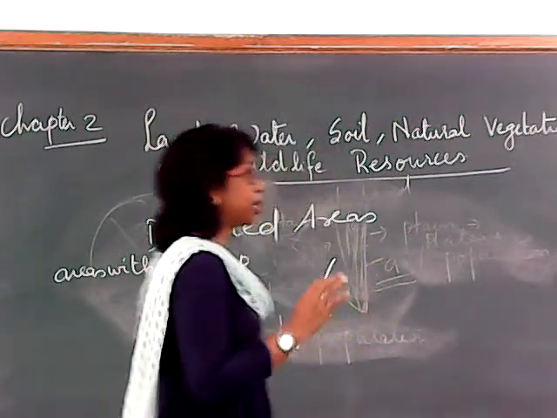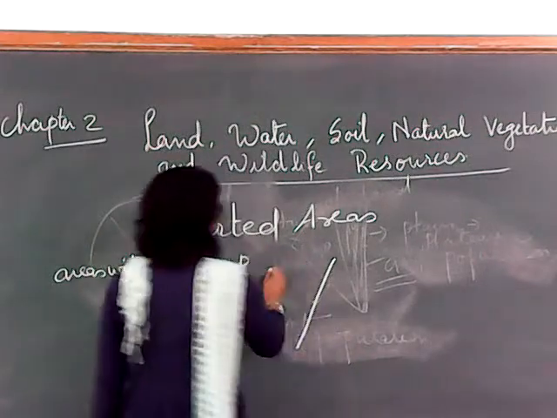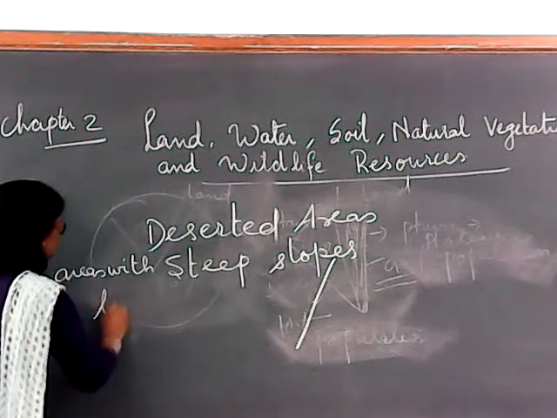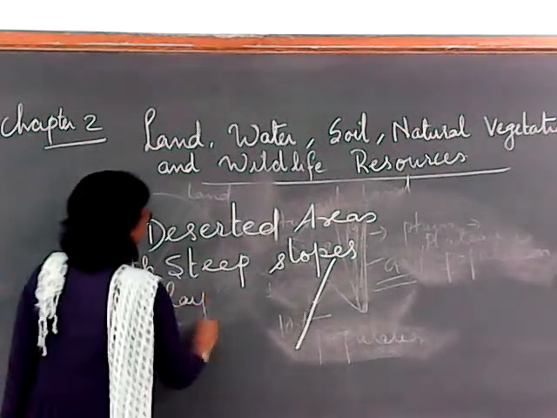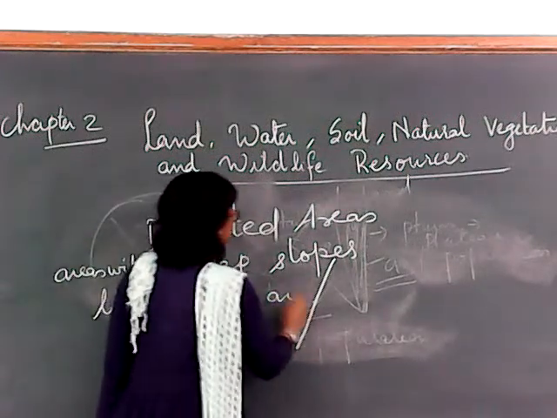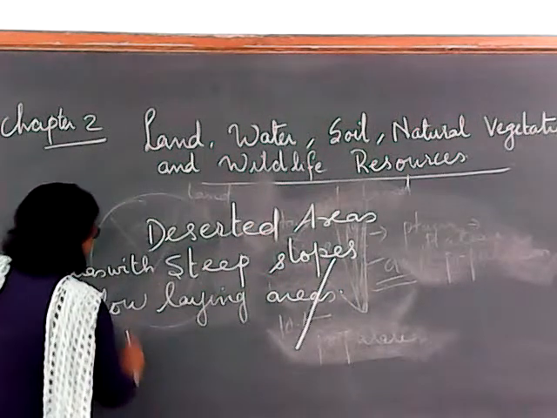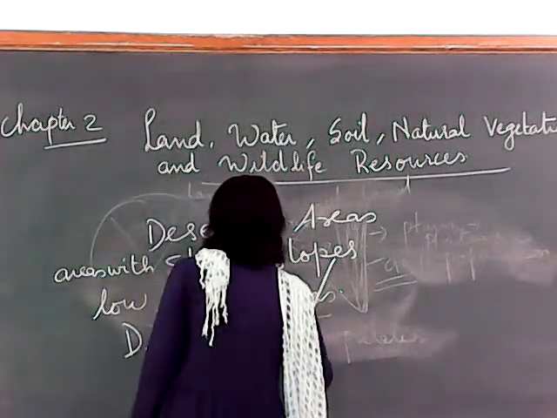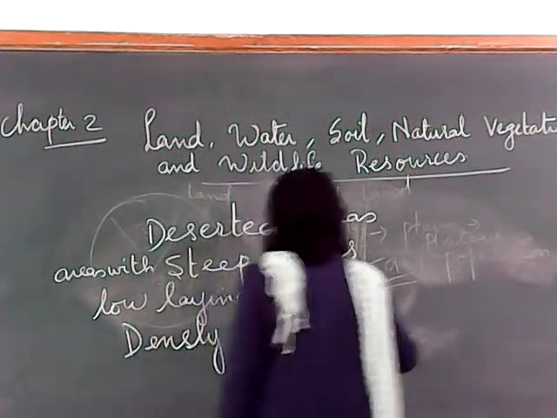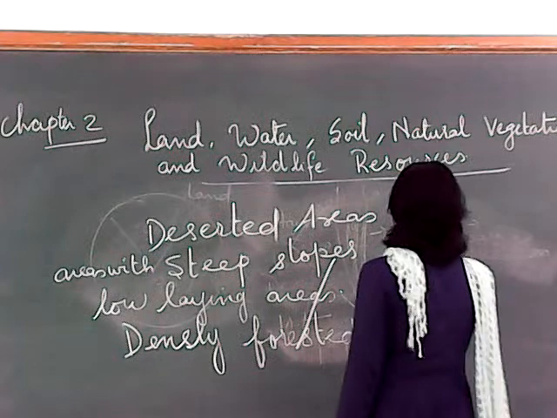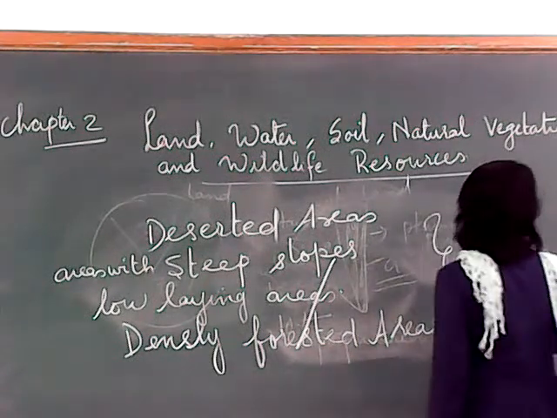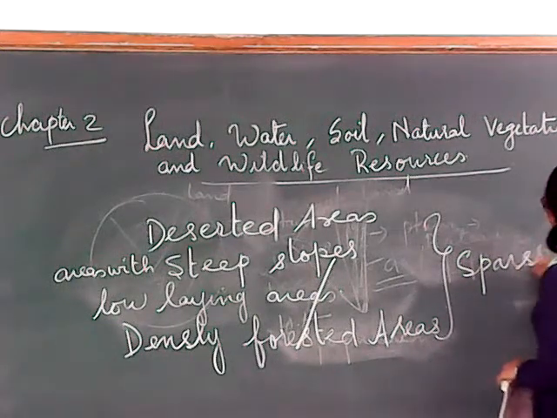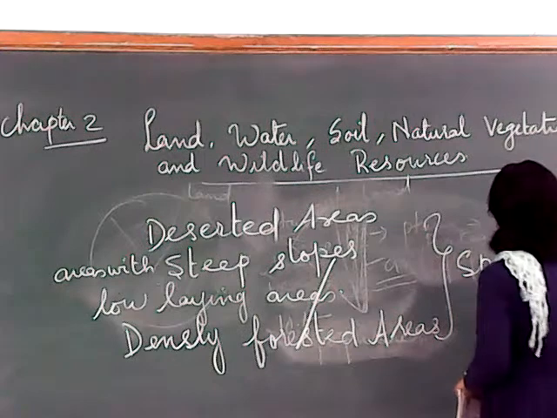So that is why people will not prefer to live in such areas. Steep slopes, low-lying areas, then densely forested areas. Such types of areas are sparsely populated or uninhabited.